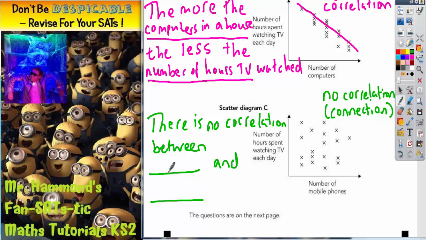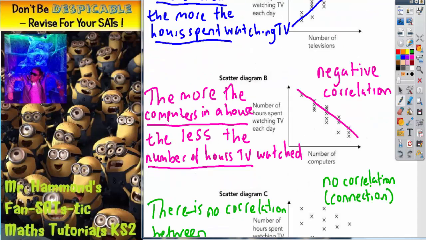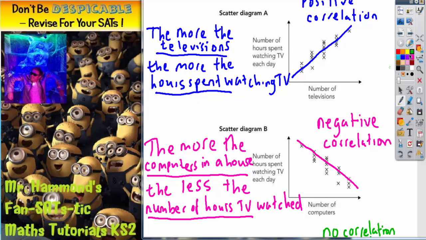And all you do to fill in the blanks is fill in what's on the axes. So there is no correlation between mobile phones and hours watching TV. Now all we need to do is write these sentences into the second page.